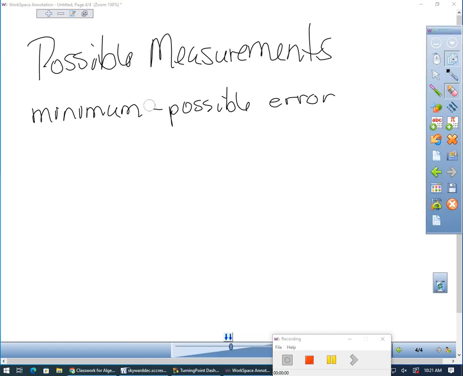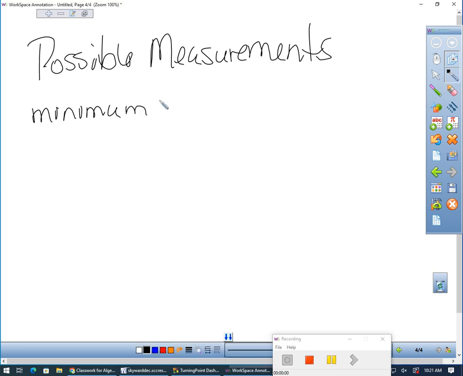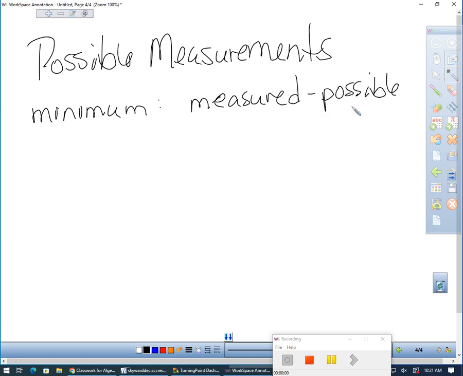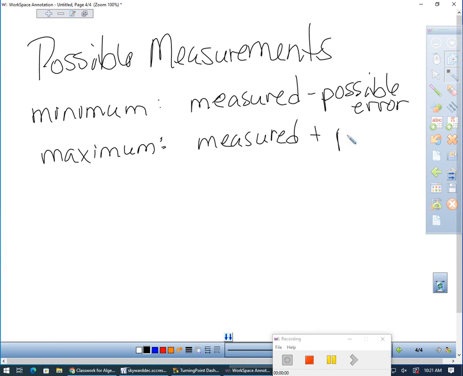Sorry, that's not what I meant to say. Let me rewrite that. I said that wrong. I apologize. Minimum should be the measured minus the possible error. I apologize for that. All right. If I want the maximum, I'm going to take the measured amount plus the possible error.